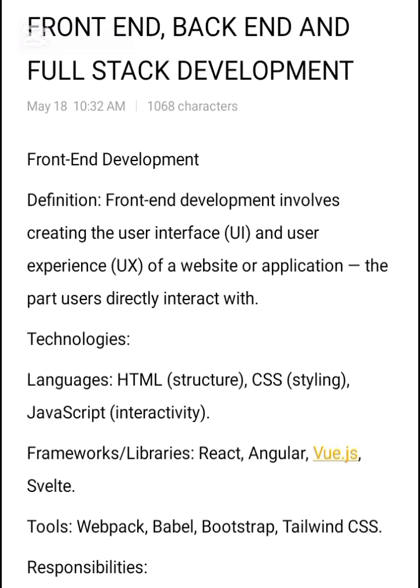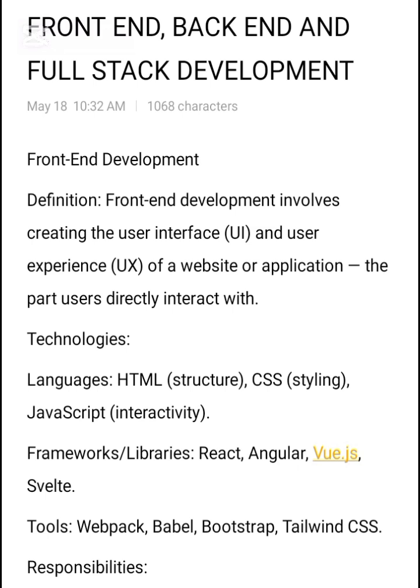Now, what is front end development? If you look at front end development, the word front means something in front. It focuses on the interface. It focuses on the development of the environment you can see, the superficial environment. That's front end development. Front end development involves creating the user interface, UI, and user experience.